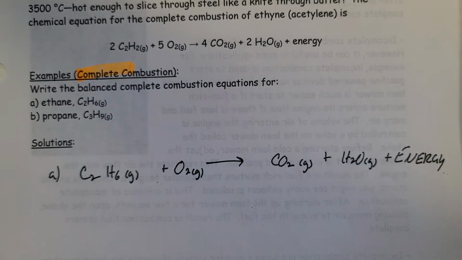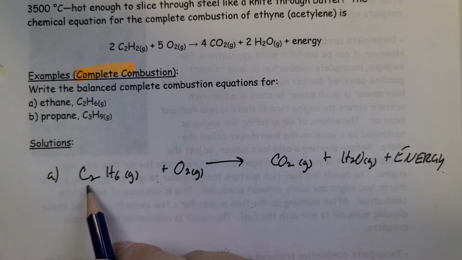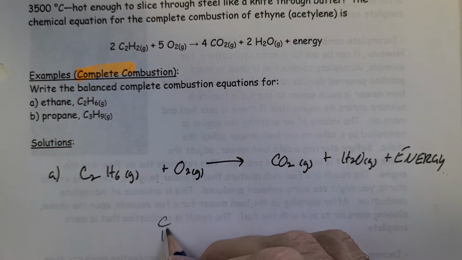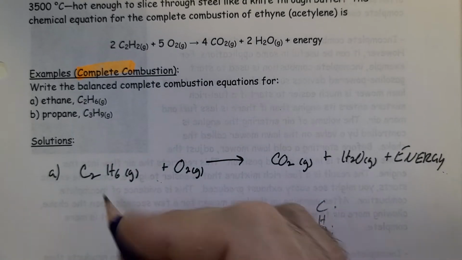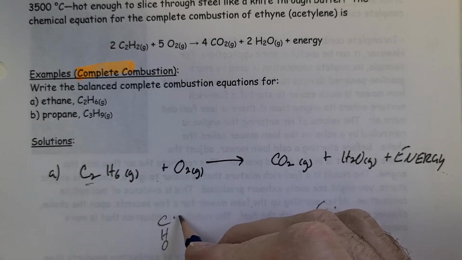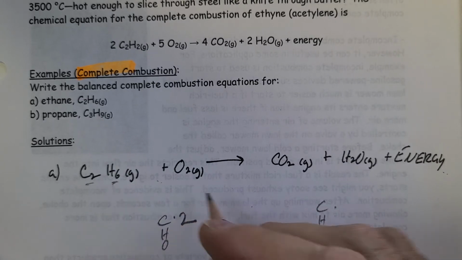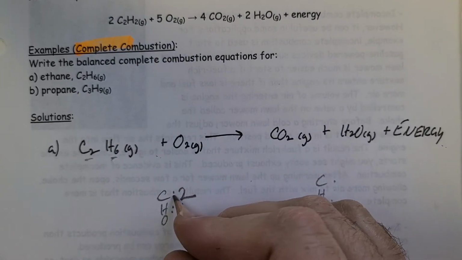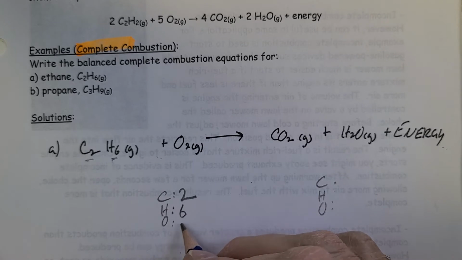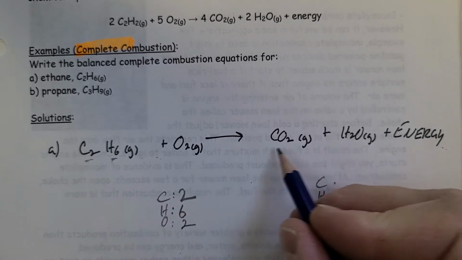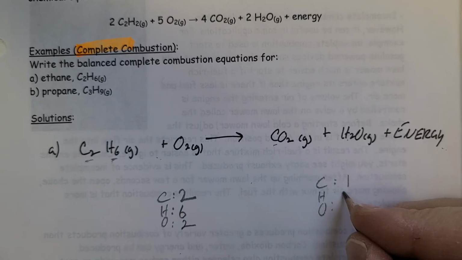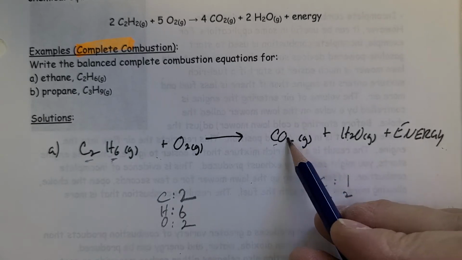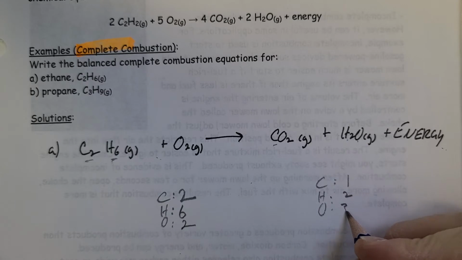If we take a look at what we have here, we have C, H, O on each part. Over here we have 2 carbons, 6 H's, and 2 O's. And on the right hand side we have 1 C, 2 H's, and 2 plus 1, 3 O's.